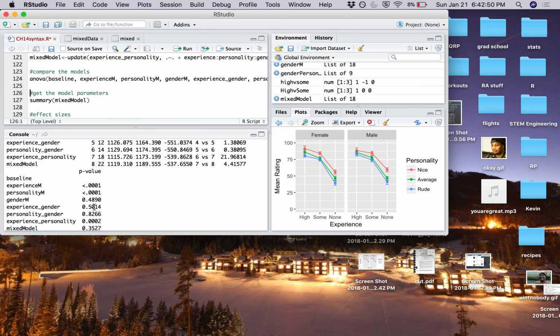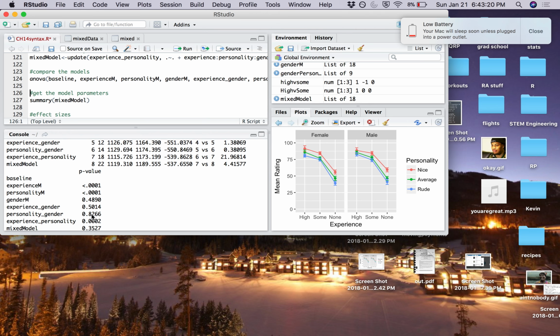So the next model is personality by gender, and it shows that the personality and gender interaction was not significant, indicating that the effect of personality did not differ in male and female raters. So the interaction also adds 2 degrees of freedom, as we talked about before. Personality is coded with 2 contrasts and gender only has 1, so 2 by 1 is 2 degrees of freedom.